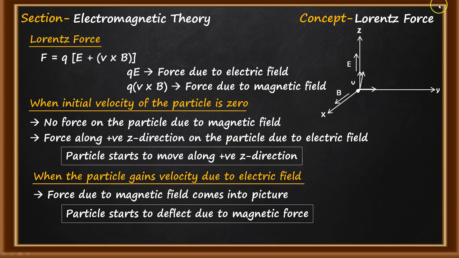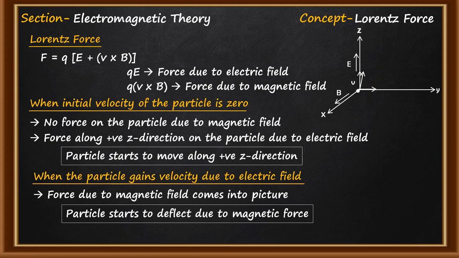Once again the direction of the particle is changing, meaning again the force direction will further change. So again it will take the particle further away. Gradually as the particle moves, the velocity of the particle changes, which means the direction will also change.